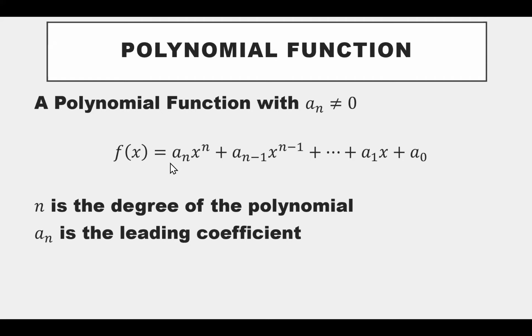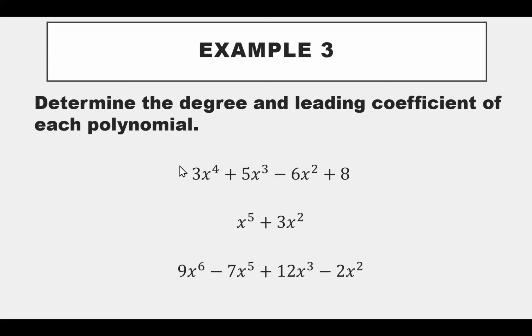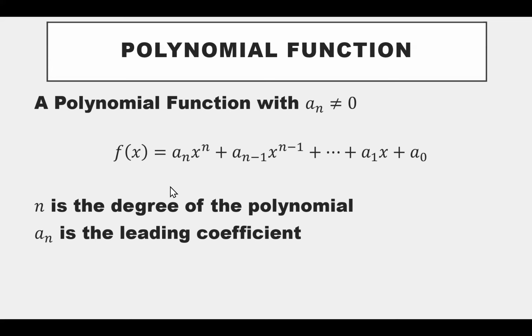Now, let's say we have this general polynomial function. f of x is equal to a sub n x to the n, and so on and so forth, such that a sub n is not equal to 0. So the lead coefficient is not 0. If this coefficient is non-zero, we call that the leading coefficient. That is the coefficient on the term where we have x to the highest power.